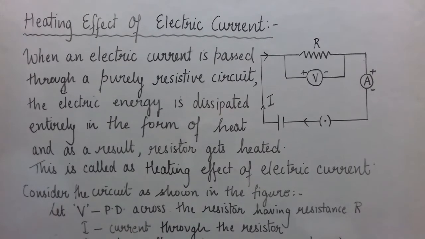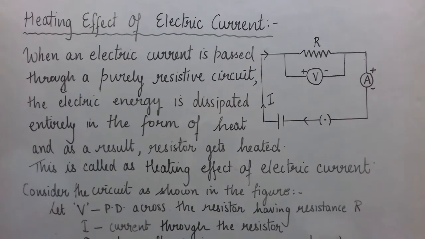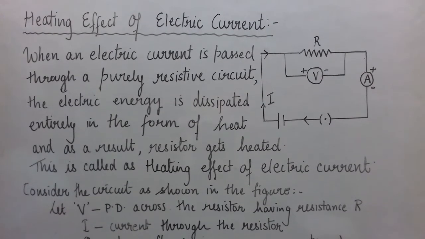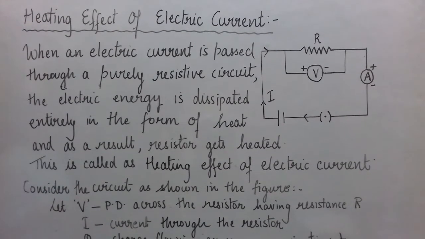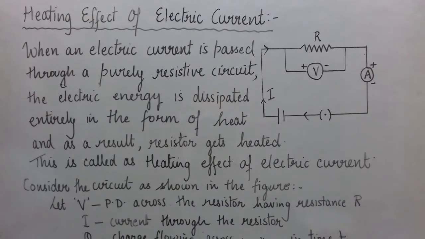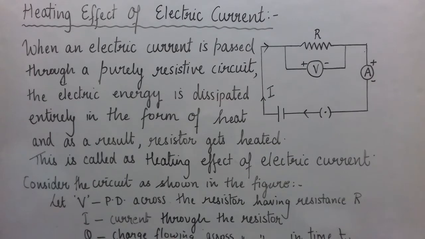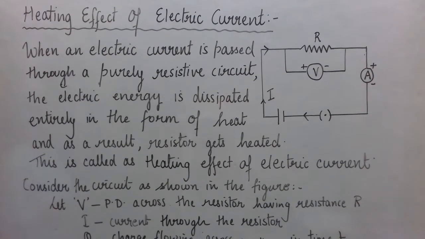And this is called heating effect of electric current. There are many appliances which are based on this heating effect of electric current, or which are the applications of heating effect of electric current. For example, electric heater, electric geyser, electric toaster, electric kettle.